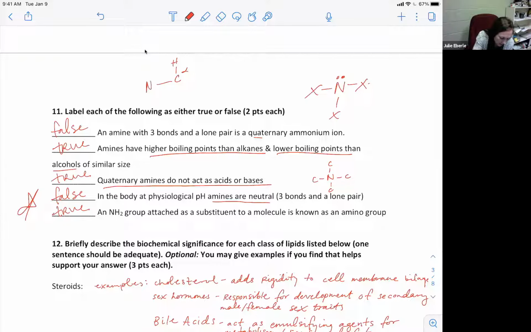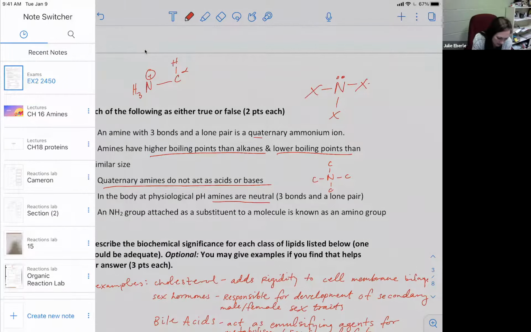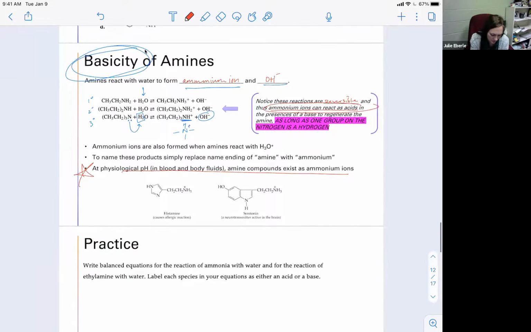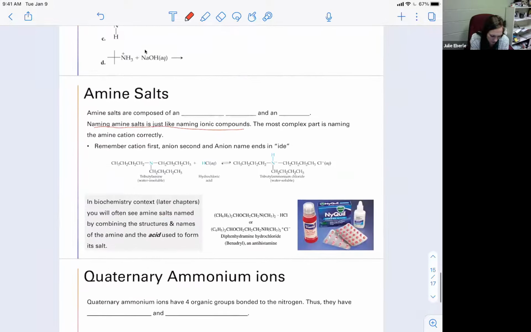If you look at it, all these amines are NH3+. They're all ammonium ions. And we said this right here. At physiological pH, amine compounds exist as ammonium ions.